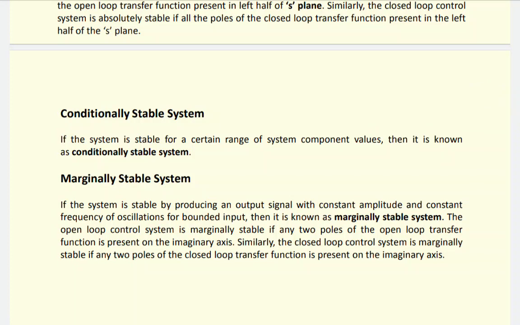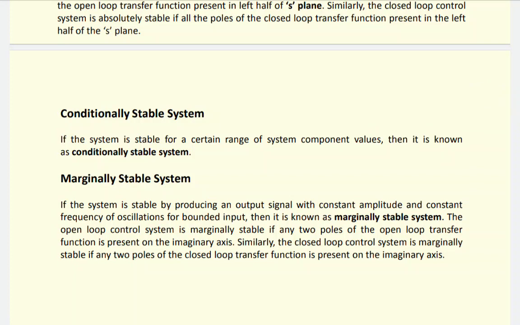Similarly, the closed loop control system is marginally stable if any two poles of the closed loop transfer function are present on the imaginary axis. So these are the fundamental bases for the nature of stability, and you should have a sufficient concept regarding that. One more thing I need to say: if no poles lie on the right half of the S plane, and all poles lie on the left half, then the nature of the response is exponentially decaying.